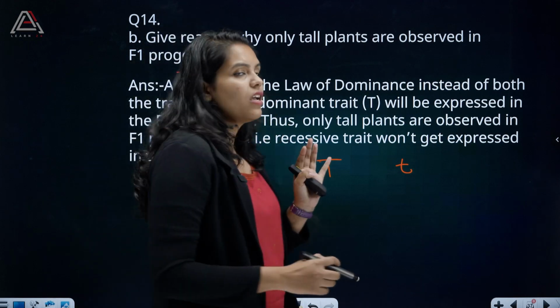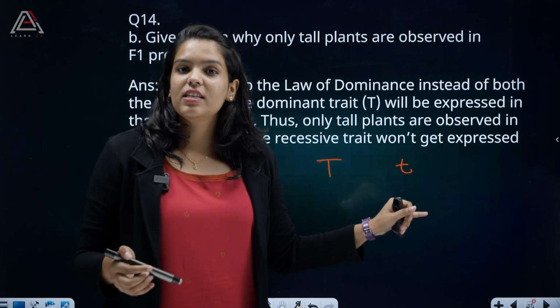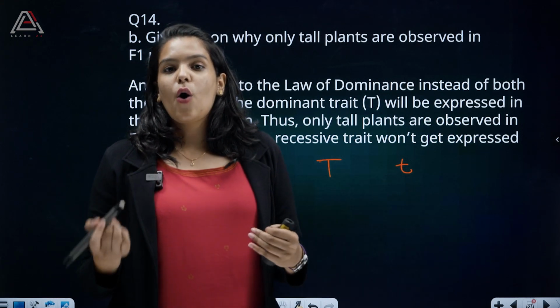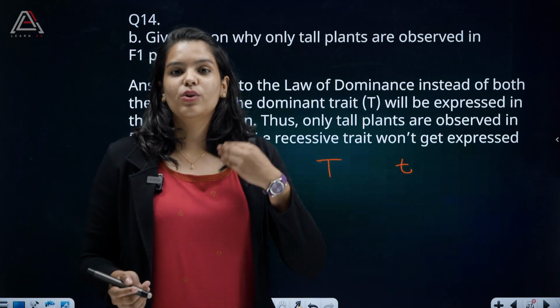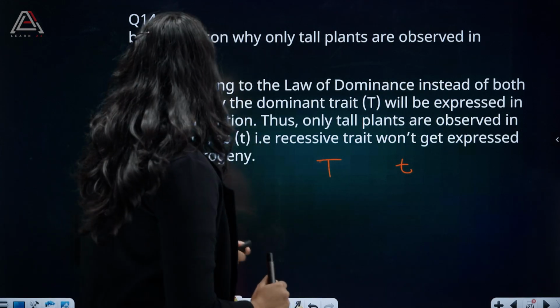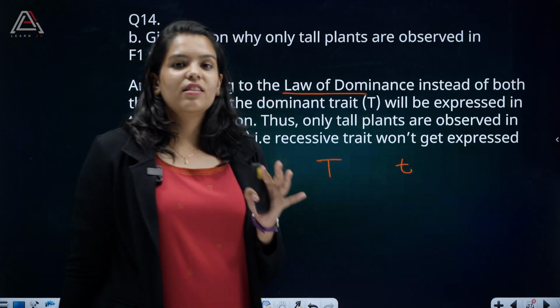So you have to just explain that as capital T is the dominant one and small t is the recessive one, according to the law of dominance, only the dominant trait will be expressed in the next generation, right? In the answer you can see they have mentioned the law of dominance.